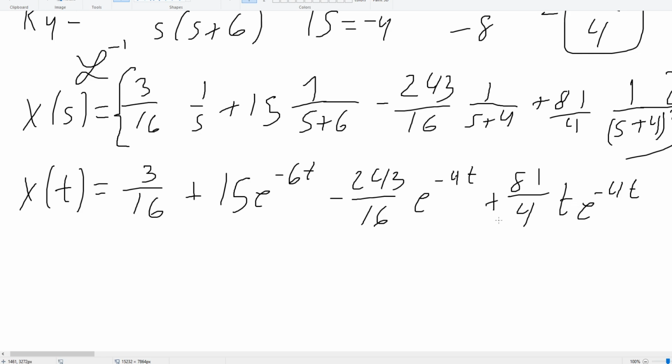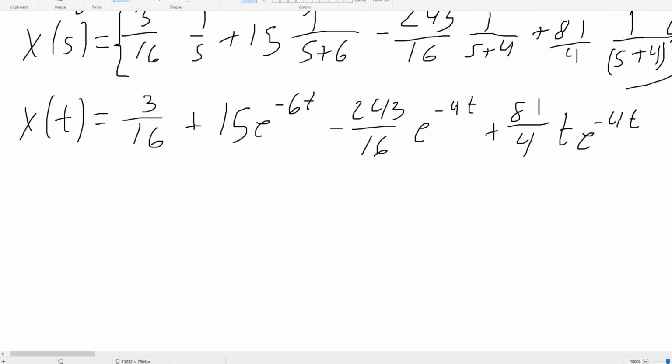And with that, I could also just write this down here. These are just kind of things that you have to know. This isn't too bad. If you have 1 over s, that becomes 1. 1 over s minus a is equal to e to the at.